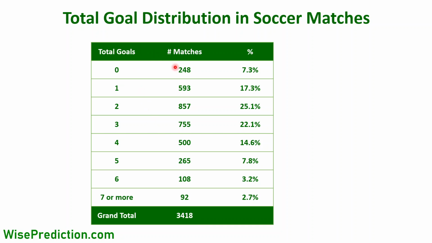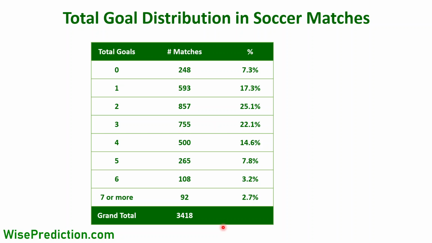And in 248 of them, 0 goals were scored by the end of the match. These 248 matches represent 7.3% of the 3,418 matches so far. And in the second row here, only 1 goal was scored at the end of the match, and there were 593 such matches since then, and so on.